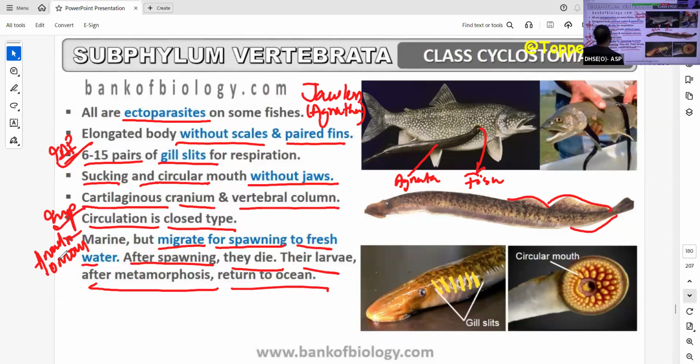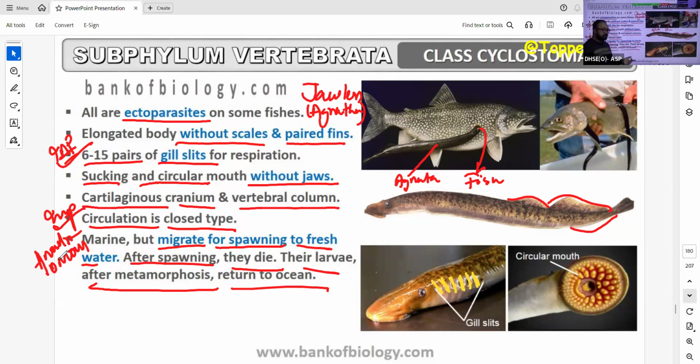Now this kind of mechanism is a fateful event. Why? Because those adult members that have entered into the fresh waters will not be able to adjust, okay, to other forms of environmental conditions. Therefore, what happens in our life cycle? Spawning होगा और उनके जो larval forms होते हैं.